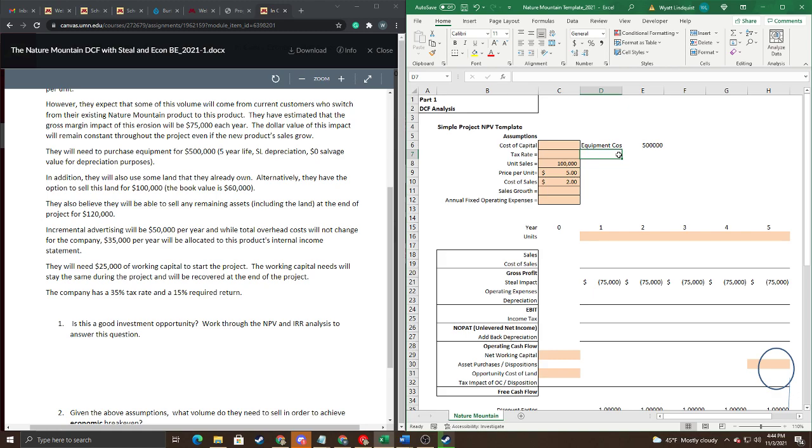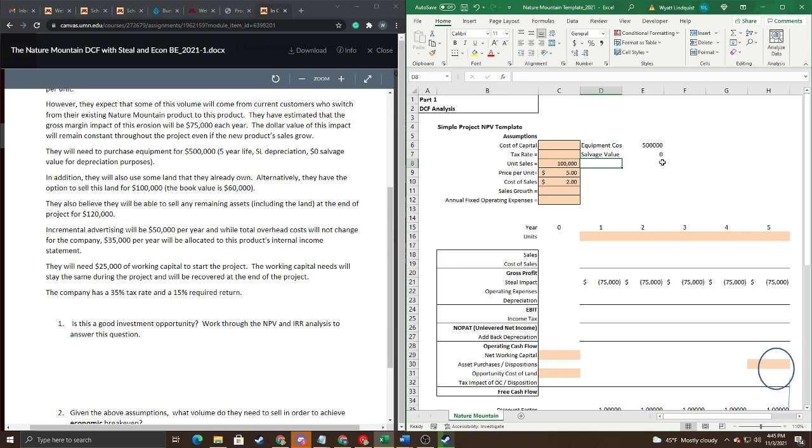So salvage value. I'm just writing this out. It might be obvious to all of you what this amount is now, but I'm just going to write it out so that it's perfectly clear. So we have an equipment cost of $500,000 with a salvage value of 0.